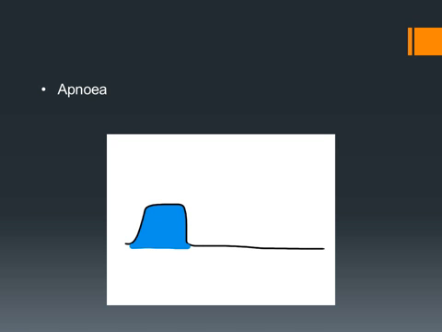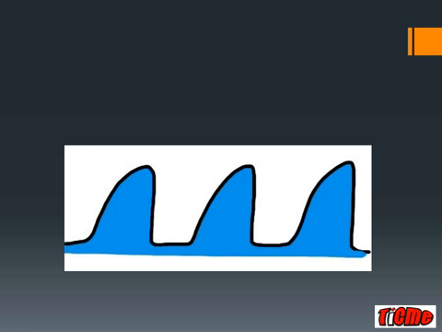If the end tidal CO2 monitor has disconnected completely, then you'll lose the waveform altogether. In this situation, there's still a signal going through to the monitor, so the possibilities are the tube could have come out, the tube could be obstructed, or the ventilator could have failed. So be on the lookout for this one. It's kind of important. This is probably one of the most important ones to recognise early.